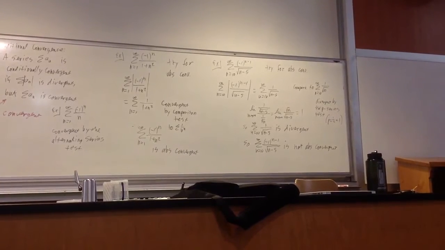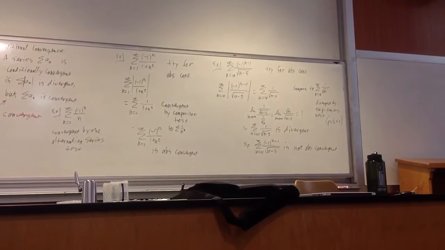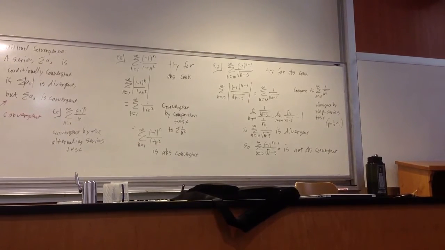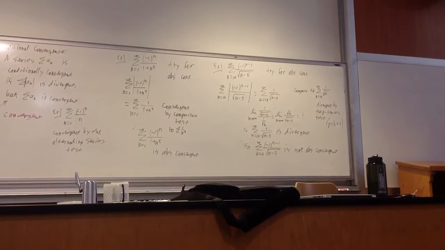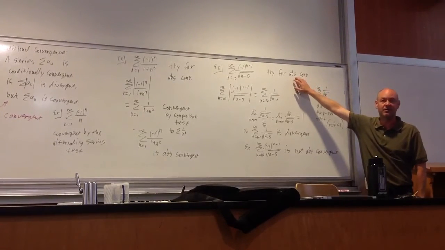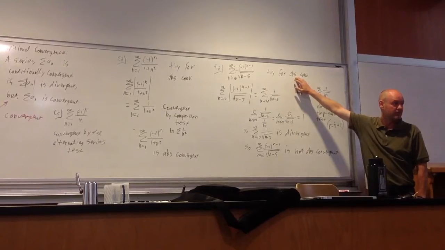So this overall is not, by definition, absolutely convergent. So our only two options are that it's conditionally convergent or that it's overall divergent. Which means we took a gamble, tried the absolute value, and it didn't pay off. Fail.